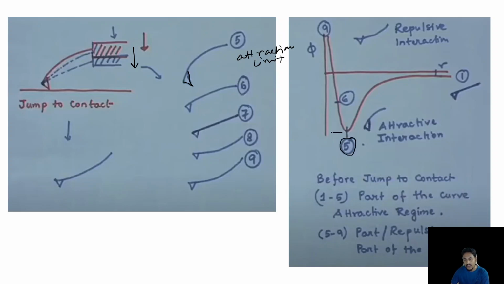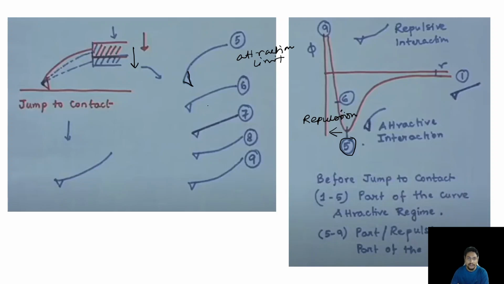So then after that, it is going to reach the repulsion regime, right? So now the tip is in contact. The tip is in contact, it cannot do anything. But now the cantilever is going to be repelled by this repulsive force.